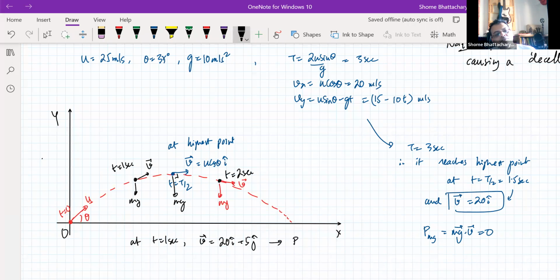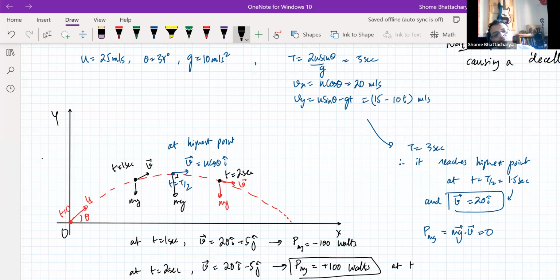Hence the power delivered by mg was minus 100 watts. But at t equal to 2 seconds, it's a symmetrical time, because the half time of 1.5 seconds is exactly the midpoint of these two times. So the velocity will be 20 i cap minus 5 j cap, and the power delivered by mg at that time will become plus 100 watts.